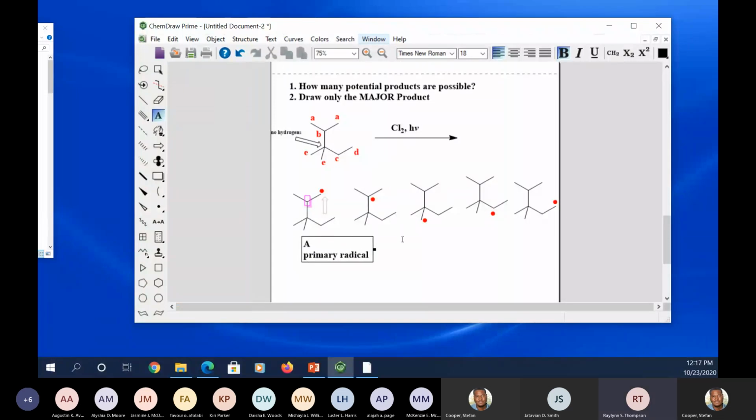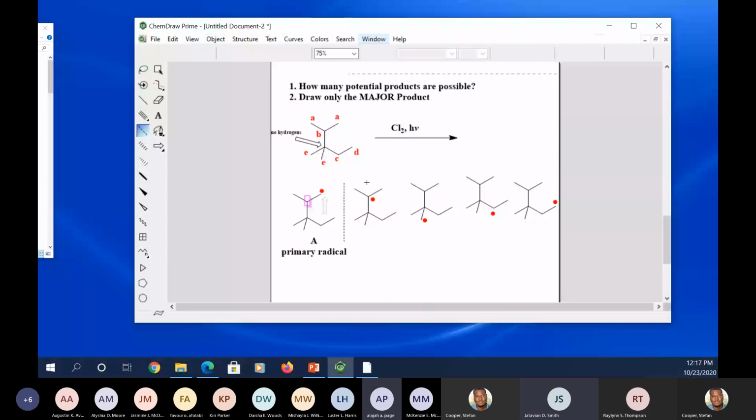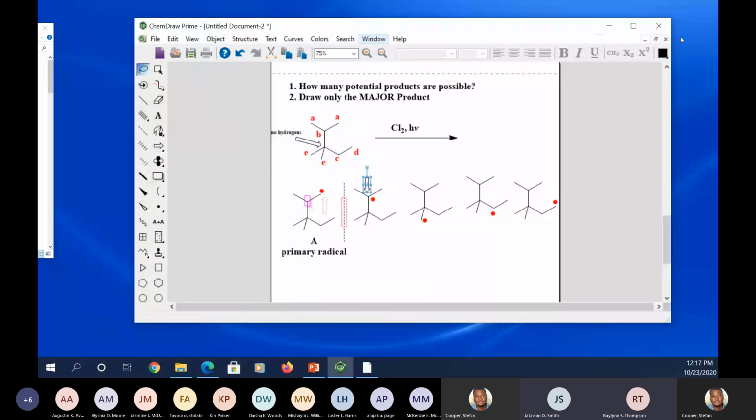All right, what about from position B here? What type of radical is this? Would it be tertiary? Okay, I think that's right.